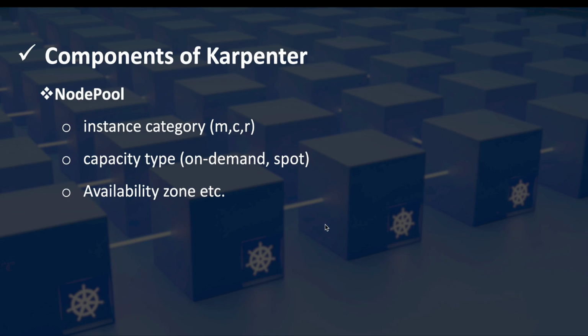In the node pool itself, we are configuring the capacity of this EC2 instance, whether you want on-demand instances or spot instances, and you are even saying which availability zone you need to configure for the node pool. Based on this configuration, Karpenter will identify the best resource and create the pod on that one.